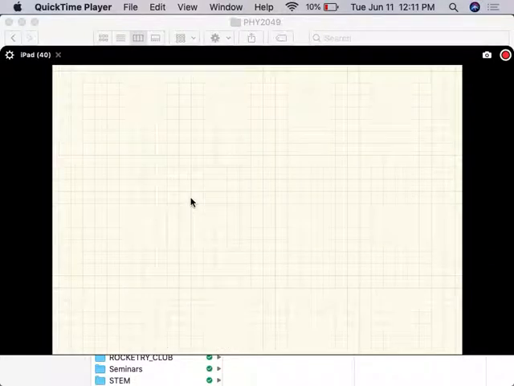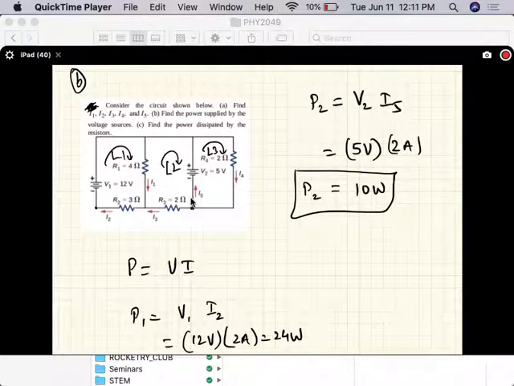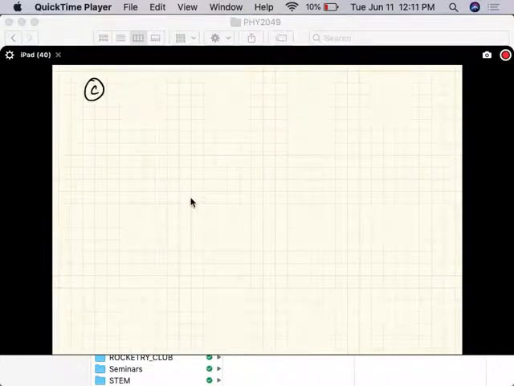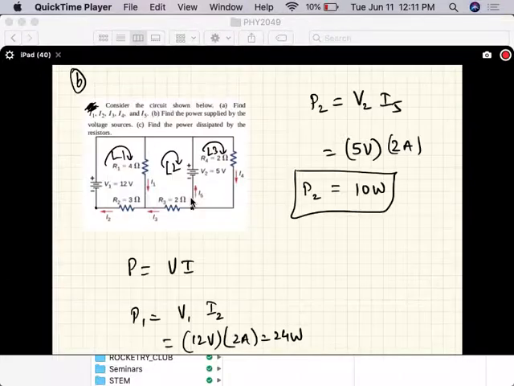And then part C is, what is part C? Find the power dissipated by the resistors. So each resistor, power dissipated by each resistor is I squared Ri. We know all the currents, so I'm just going to do one. Oh, I've already used P1 for the power of the battery.